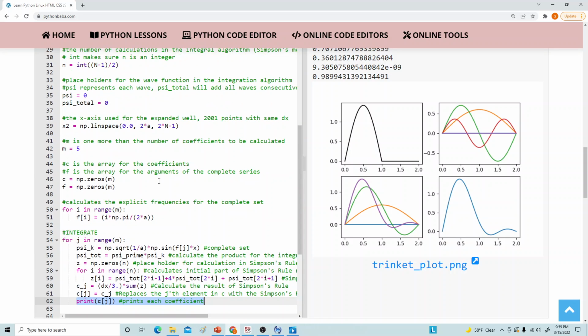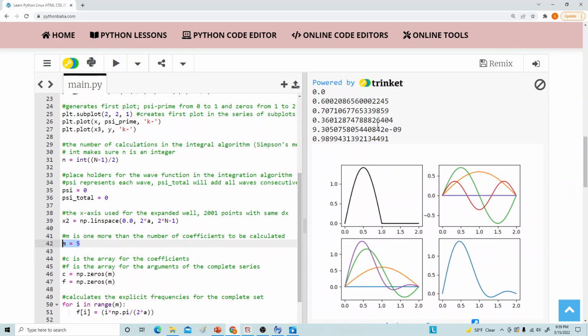We have m equals 5, so we will have 5 coefficients: 1, 2, 3, 4, 5. Again, the first one will always be 0 because the sine of 0 is 0.